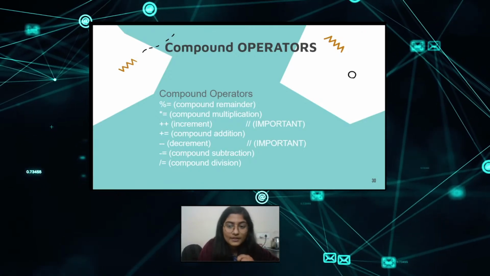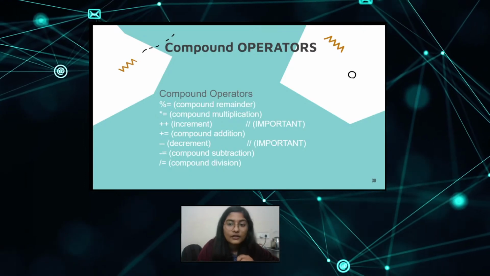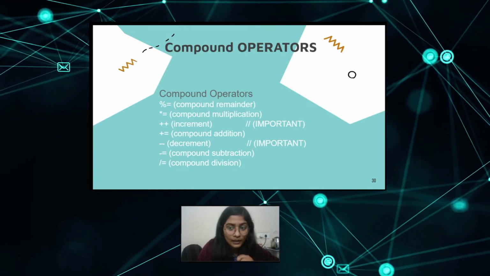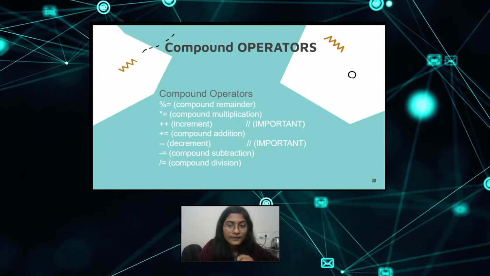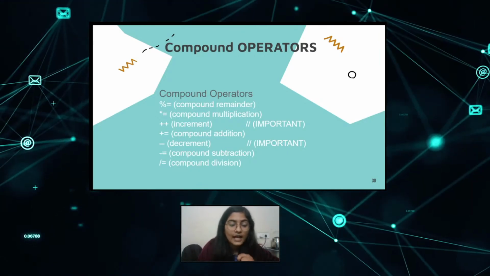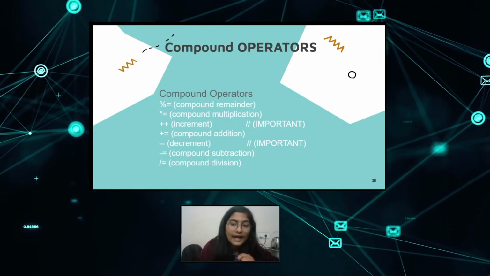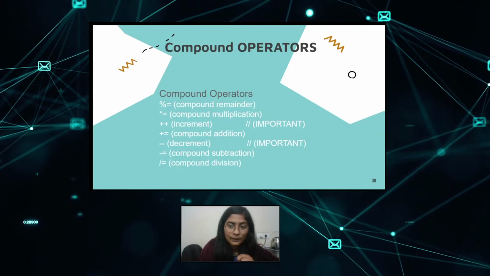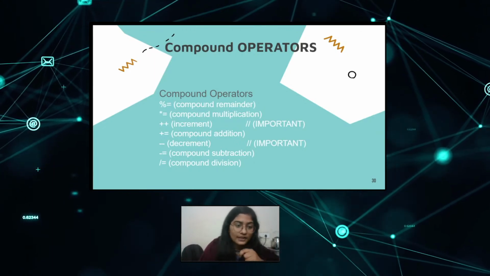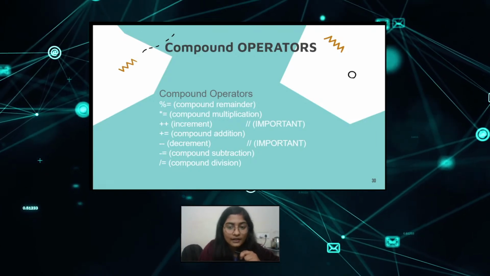If you use the plus plus operator as a prefix, like plus plus i, the value of i will be incremented by 1, then it will return the value. And if we use the plus plus operator as a postfix, like i plus plus, then the original value of i is returned first, and then the value will be incremented by 1. And the same goes for decrement operators as well, just the difference is that it will decrease the value by 1.